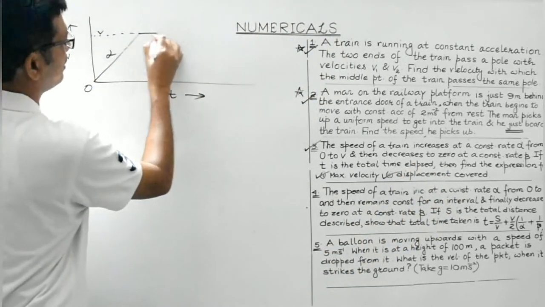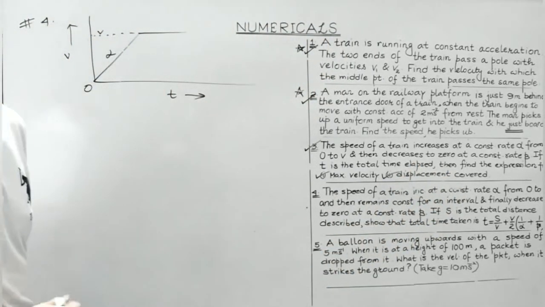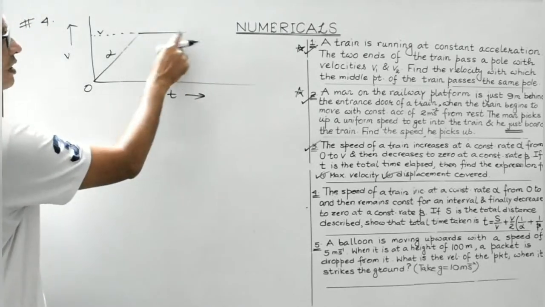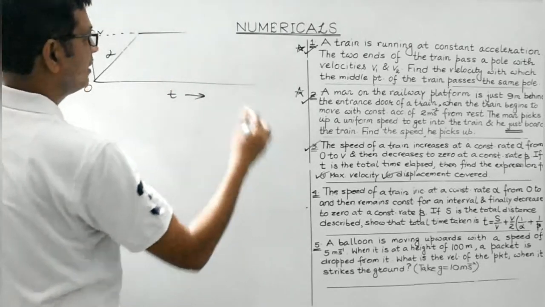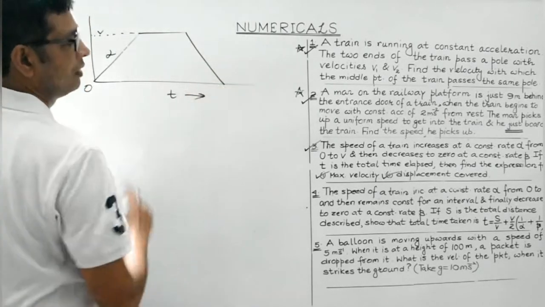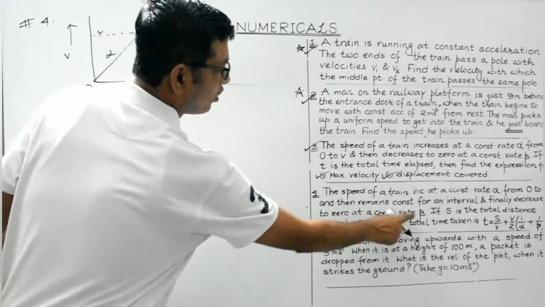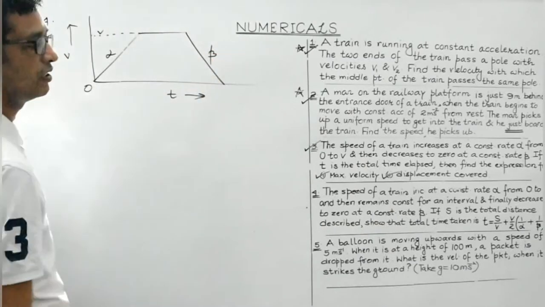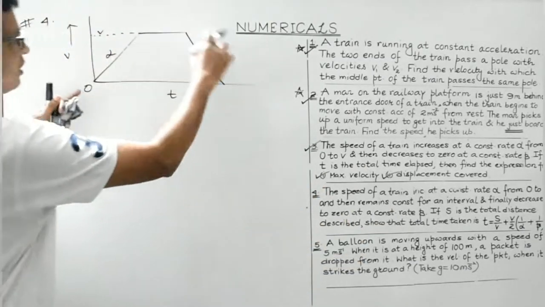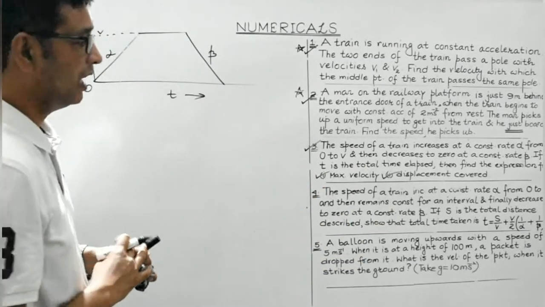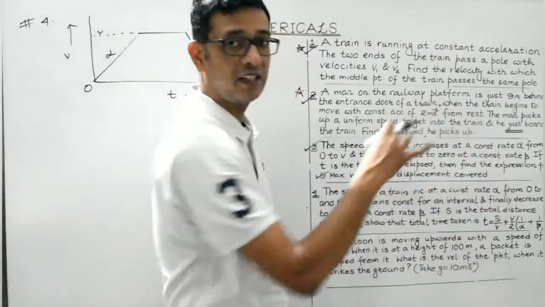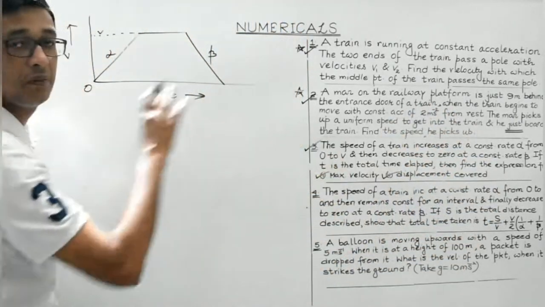It remains constant, so it is the case of uniform motion, right? Velocity remains constant during this interval of time. And then it again retards and its velocity finally becomes 0 at a constant rate beta. S is the total displacement covered, and we are supposed to prove that the total time taken during the entire journey would be given by that.